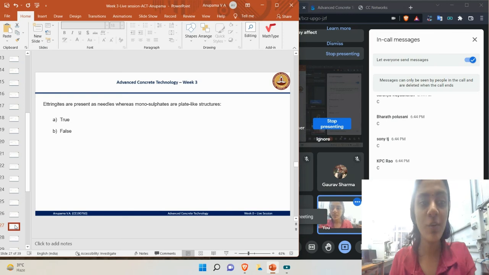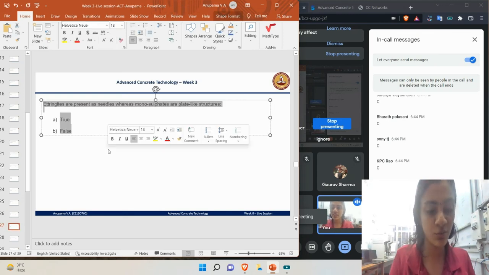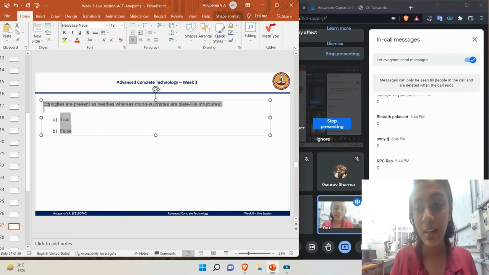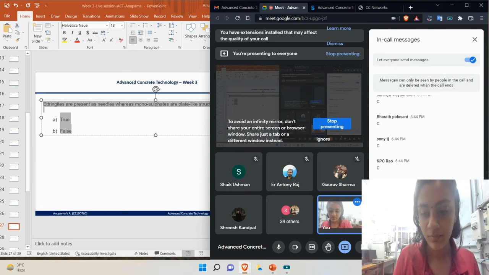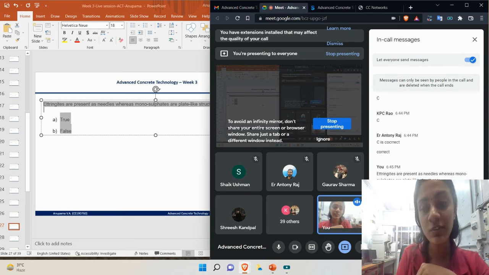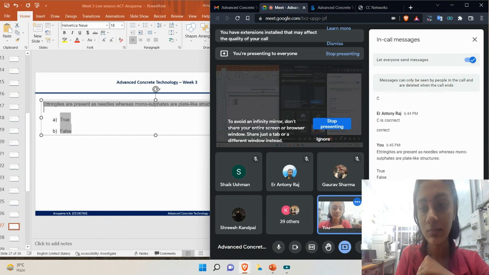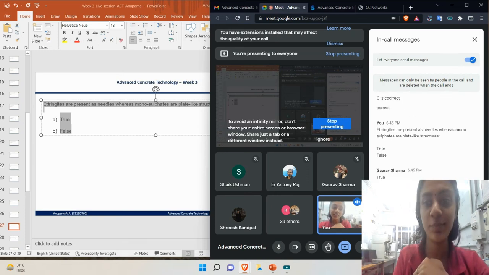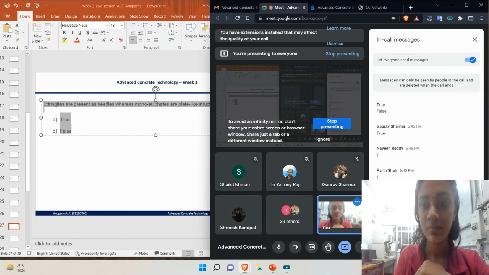Okay. So we move to the next question, which is again a true or false question. Ettringite is present as needles, whereas monosulfates are present as plate-like structures. Is it a true statement or a false statement, generally speaking?